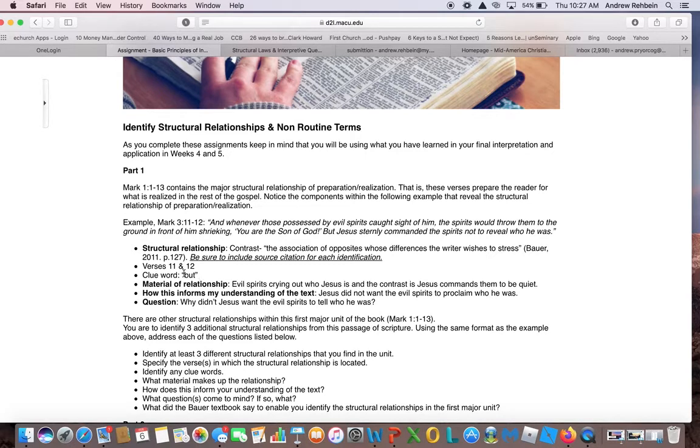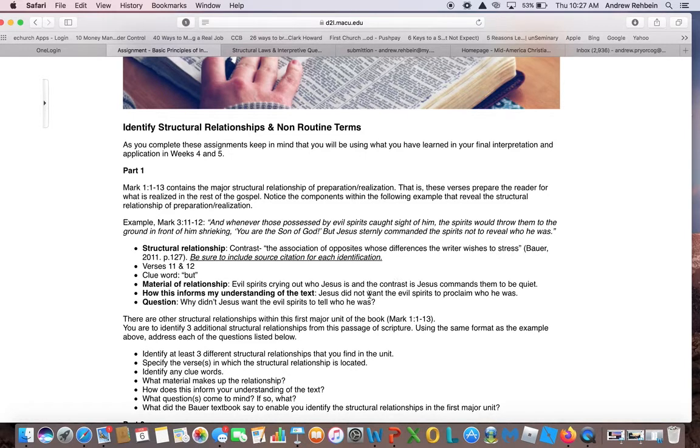If contrast, the clue word is always but, or comparison, it's like or as. Okay, so that may have been a key to help you to identify that. What is the material of the relationship? Specifically state from the text then, this is the line where that structural law is stated or seen.